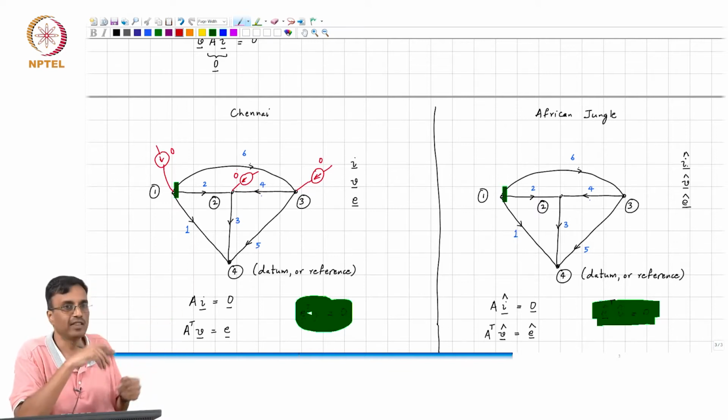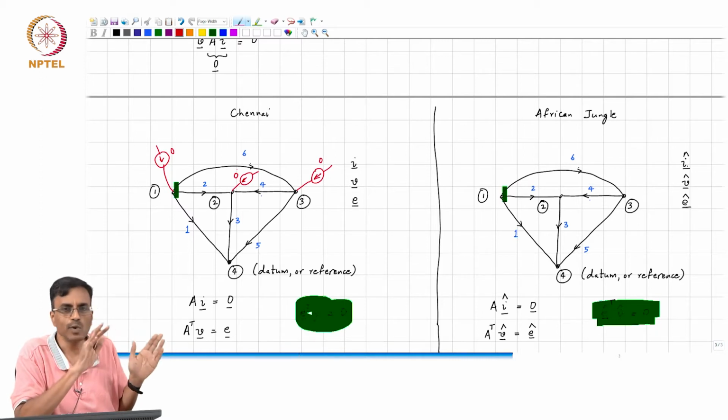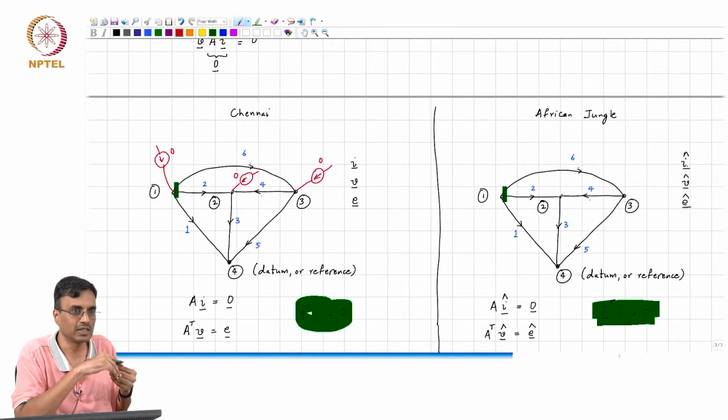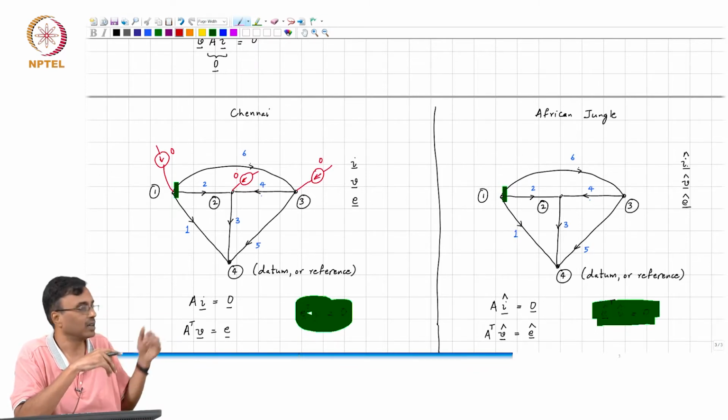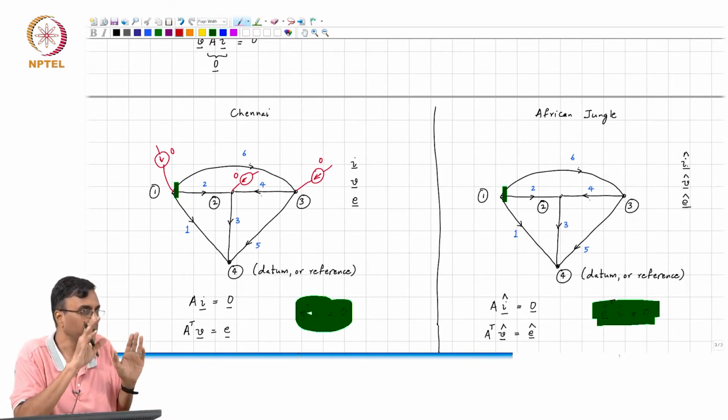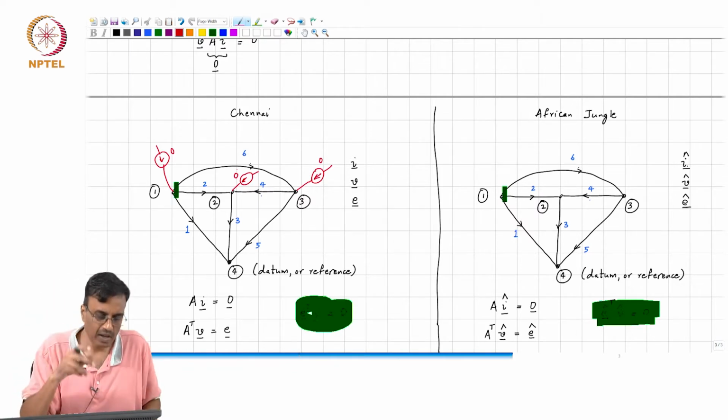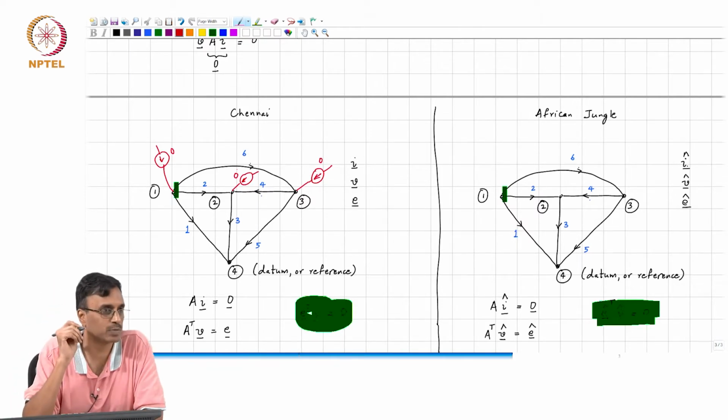Well, we are adding 0 currents into every node. So, nothing will happen to the node potentials, and therefore nothing will happen to the branch voltages and the branch currents, correct. Now, what I am going to do is derive this 0 in a rather special way.